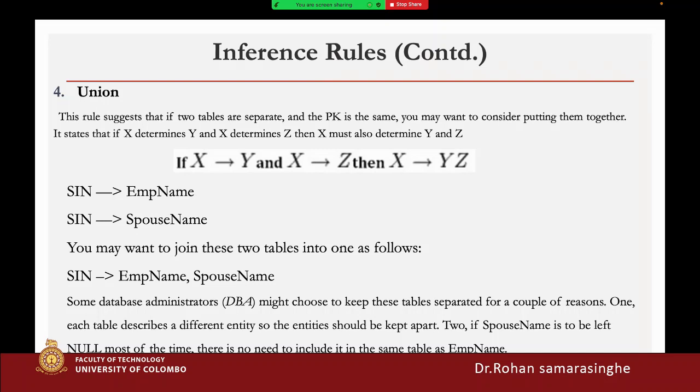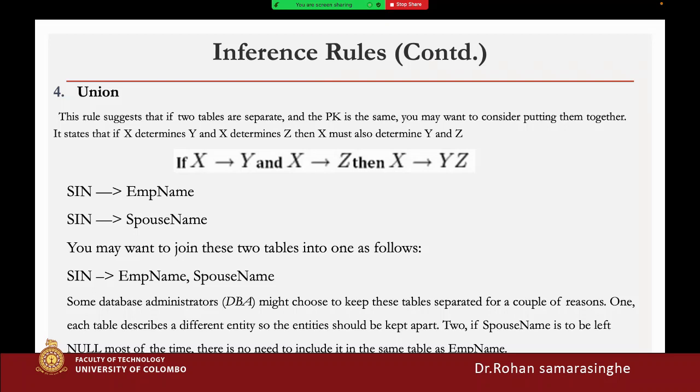So I am going to explain this normalization using set theory. The union rule suggests that if two tables are separate and the primary key is the same, you may want to consider putting them together.